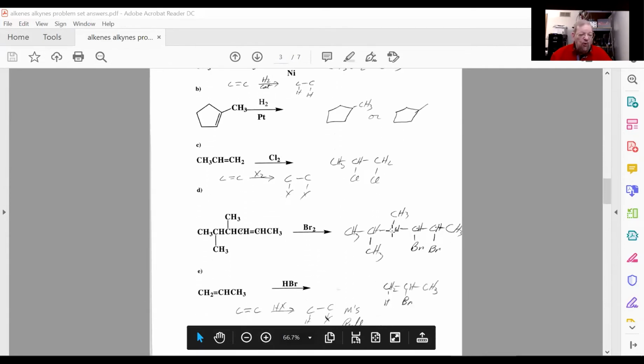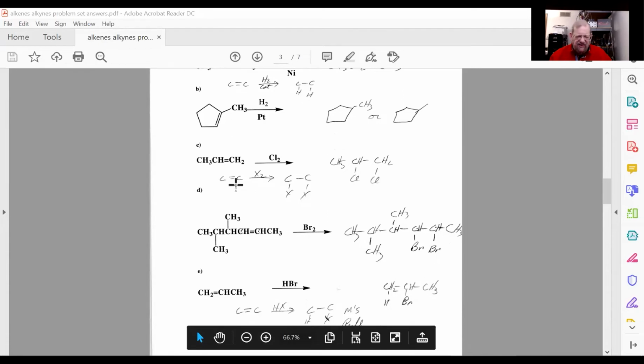Let's look at D. Now here, I've done the favorite trick organic chemistry instructors like Dr. White do. I put a big scary molecule, lots of carbons, branching. Oh, no. You look for what's different: double bond. Reacting with bromine, that's a halogen.